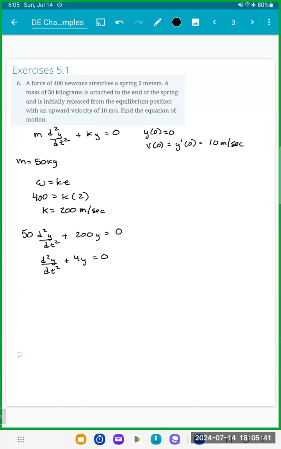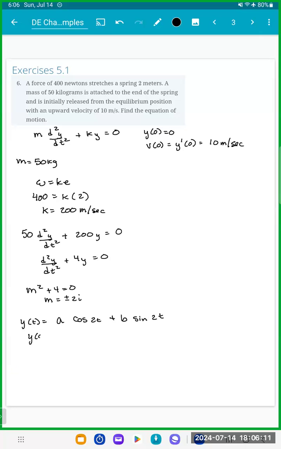So our auxiliary equation then is m squared plus 4 equals 0. And when you solve that using the quadratic formula, we get m is equal to plus or minus 2i. Okay, so therefore y of t is a cosine of 2t plus b sine of 2t.